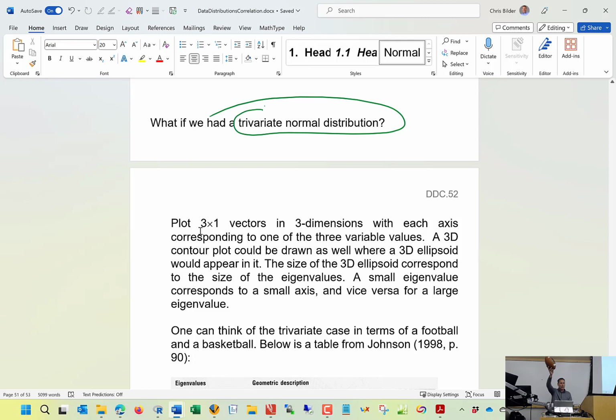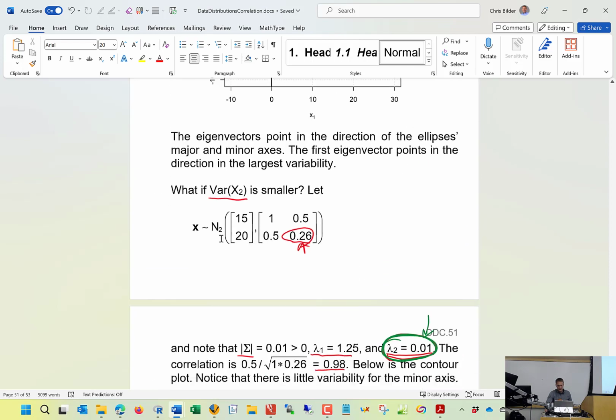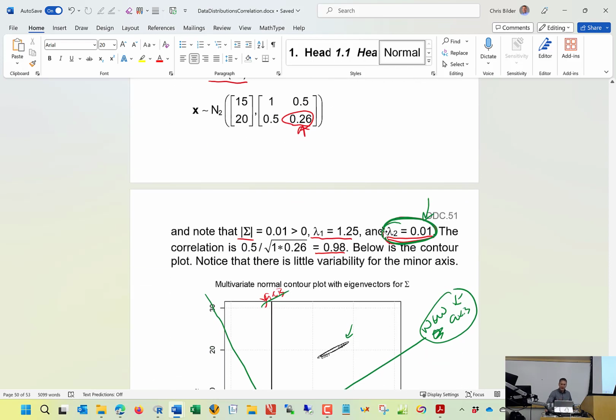These eigenvalues correspond to, as we saw, well, perhaps I didn't say this very well. Yes, I did mention this briefly. This lambda 2, in the 2-dimensional sense, actually corresponds to the variance of this new axis. Lambda 1 corresponds to the variance of this other new axis as well. Okay?